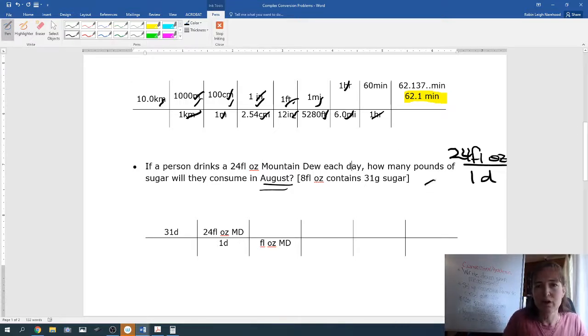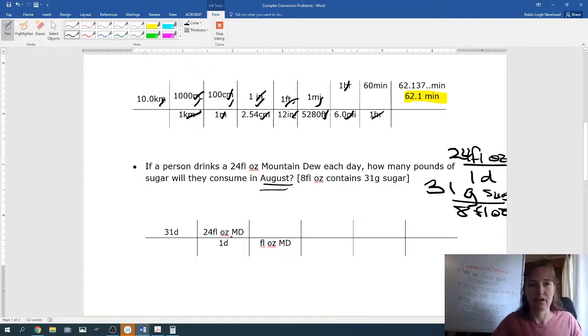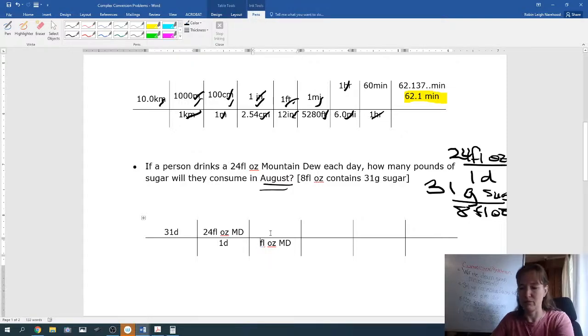And so 31 grams of sugar per 8 fluid ounces. This would be the next conversion factor that we are going to be using because we want to get rid of fluid ounces of Mountain Dew. So if we have 8 fluid ounces, this person is going to consume 31 grams of sugar. And so now we're actually in mass of sugar.